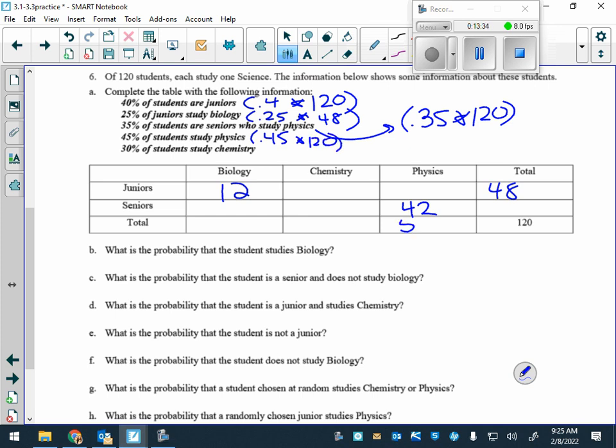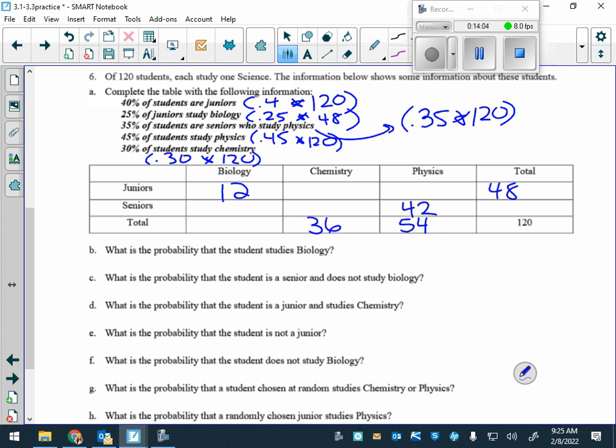Which is 54. Good. 30% of students study chem. What do you have? 36. 0.3 times 120, which is 36.